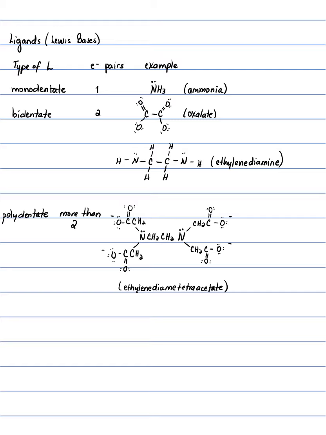The second one is bidentate, and for those we have two pairs of electrons that are donated, and we have an example right there, which is oxalate and also ethylene diamine. Anything that can donate more than two pairs of electrons will be considered a polydentate ligand.